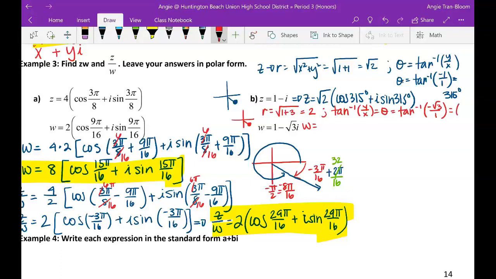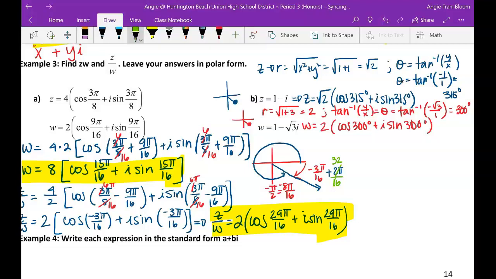So we're going to go the other way around. -60 is equivalent to 300 degrees in the positive rotation. So w equals 2 cosine of 300 degrees plus i sine of 300 degrees. That's just what z and w converted to.